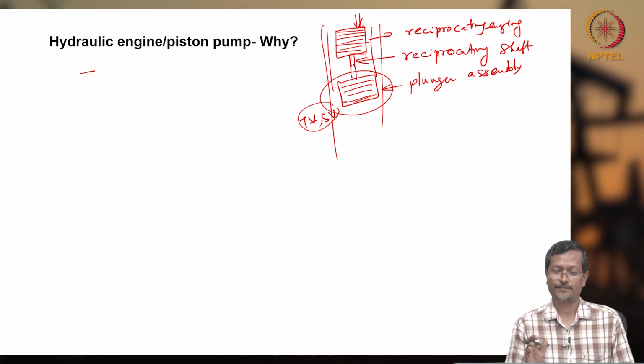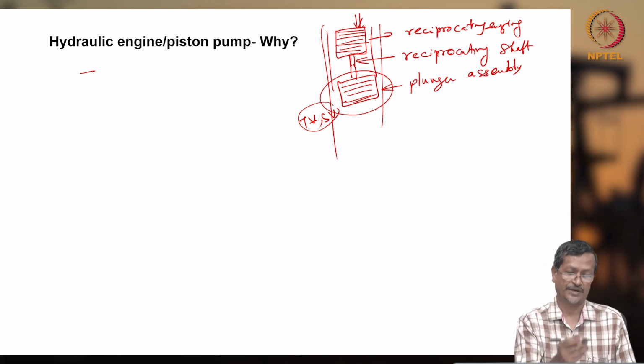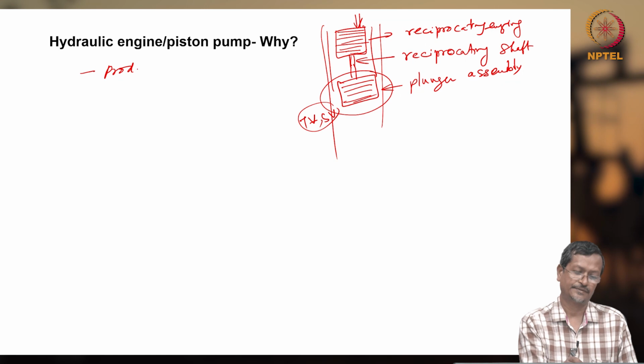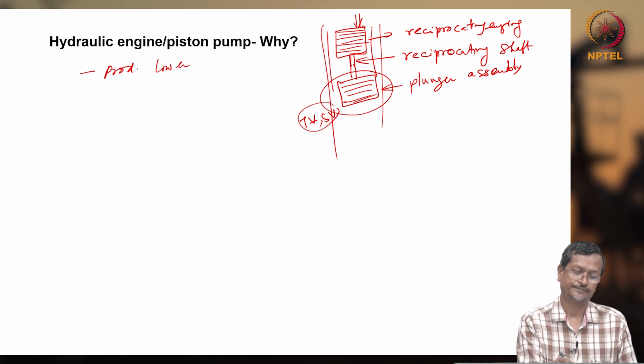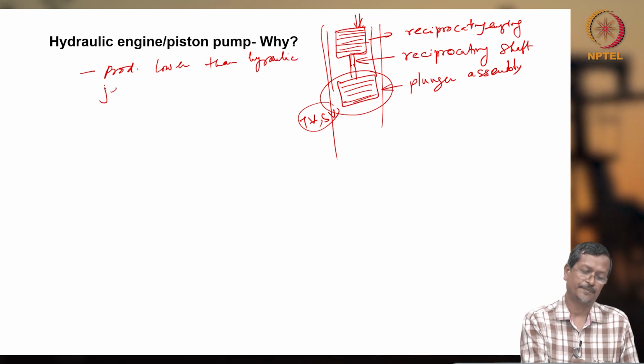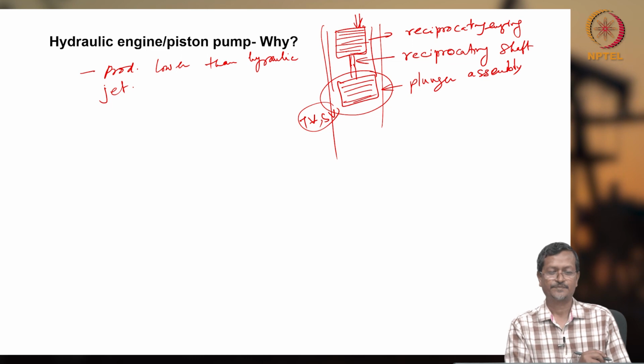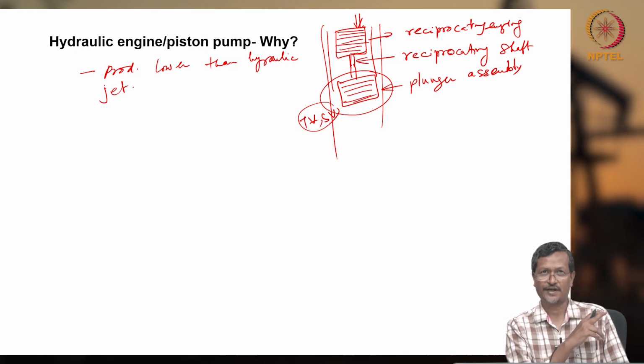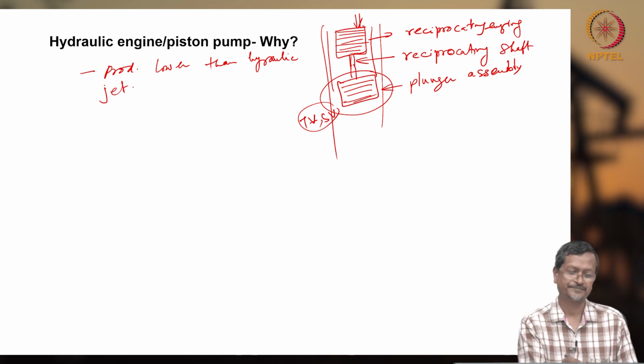But production rate will be lower than your hydraulic jet pump. The hydraulic jet pump production rate is higher, and this is like a simple reciprocating sucker rod pump, right?